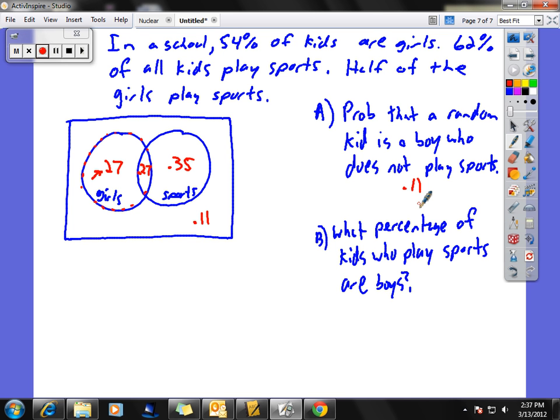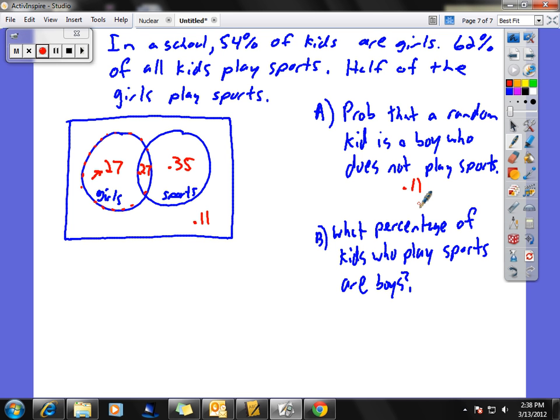Well, this is a little bit more now. There's 2 things going on there. So what's the percentage of kids who play sports? Overall, it's 62. Okay? But 0.35 are boys who play sports. So if we want to know the percentage of the kids who play sports that are boys, that's a different question than what percentage of all the kids are boys who play sports.